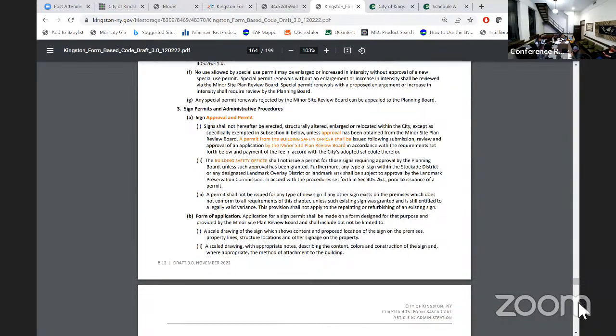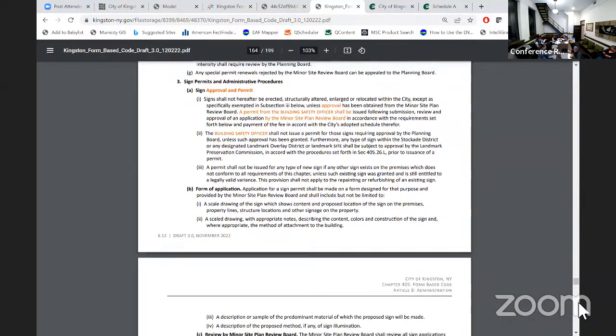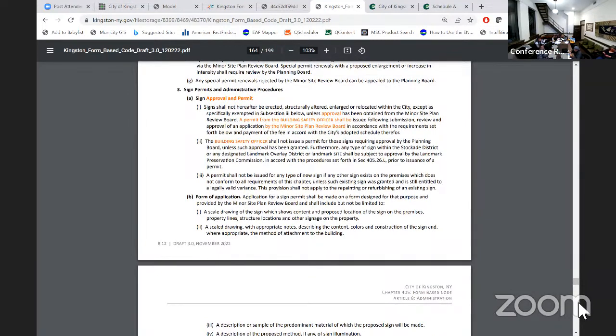The sign permit section is kind of awkward. Signs, if all signs require minor board review, why is there a second paragraph in here about those signs requiring approval of the planning board?